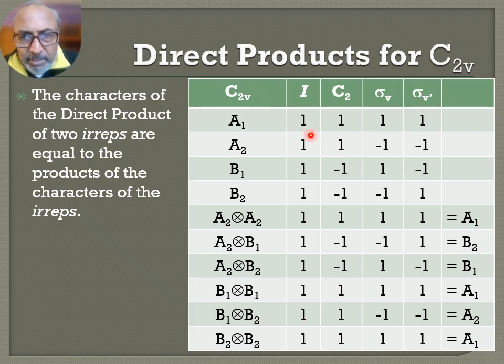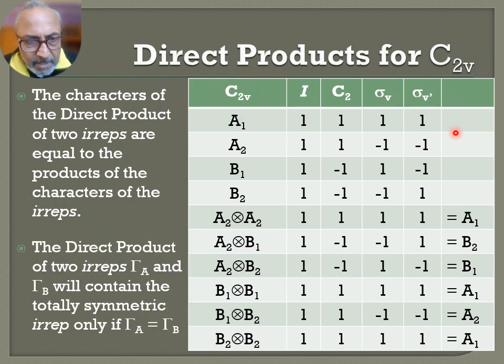The first irreducible representation, A1, has characters all 1, 1, 1, 1, that is, all positive characters. This is known as the totally symmetric irreducible representation.